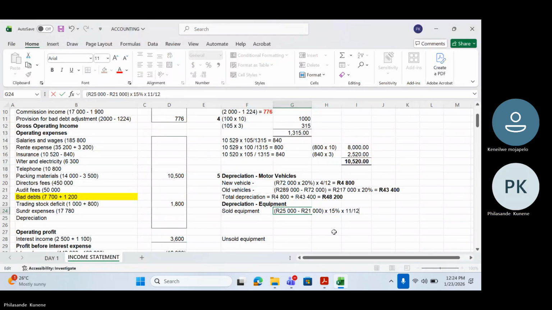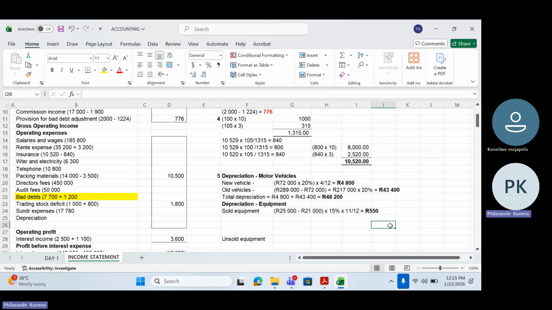Okay, and then how much are we getting? I got 550. You're getting 550 rands, no? So this is the depreciation for what?